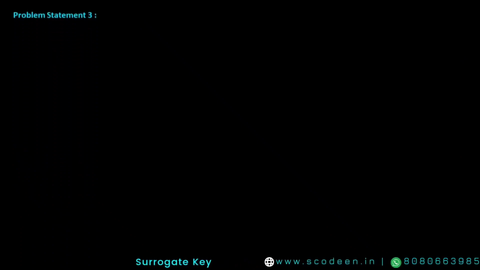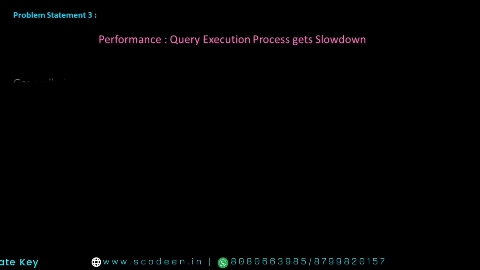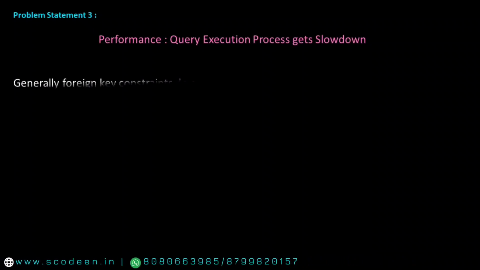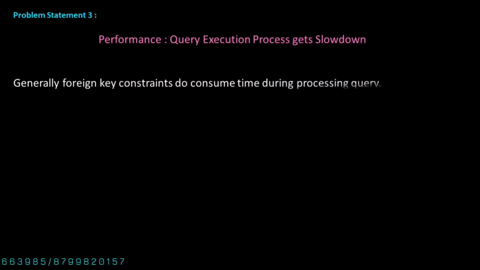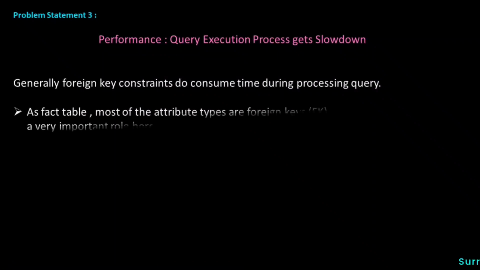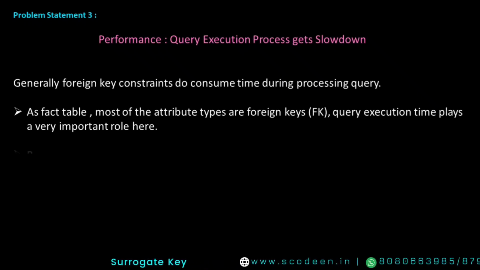Let's understand problem statement 3, that is performance, which is a very important problem statement. That is nothing but the query execution process getting slowed down. Generally, foreign key constraints take time during query processing. In a fact table, most of the attribute types are foreign keys, hence query execution time plays a very important role here.